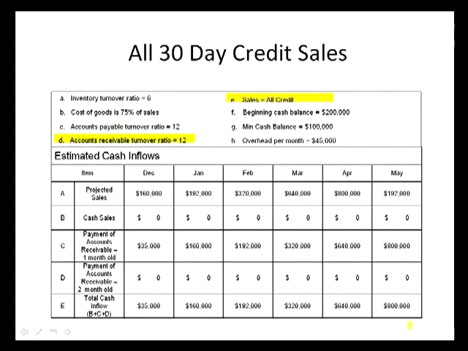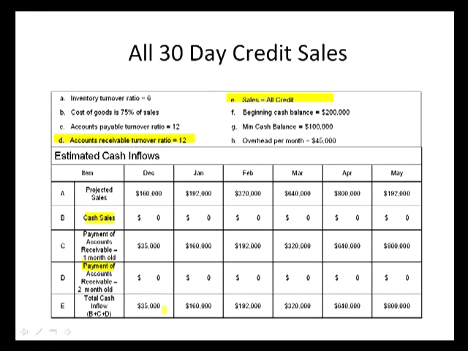Now, what we're going to see here with all 30-day credit sales, we're going to get a very different idea of the cash inflows. Again, a huge change has occurred because there are no cash sales and all of our accounts receivable pay 30 days. And there are no accounts receivable in 60 days either.